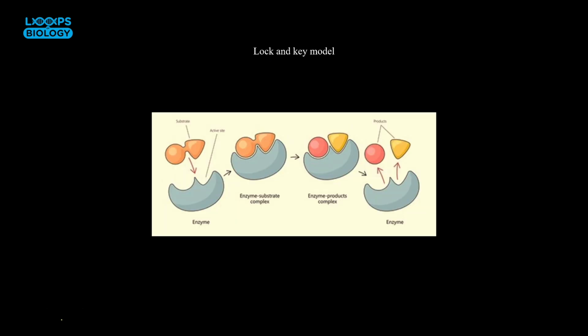If I'm talking about the lock and key model, we can see that the key is specific for a lock, where the substrate acts as the key and the enzyme acts as the lock.